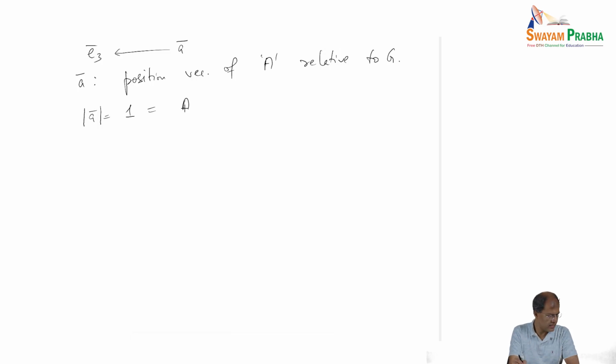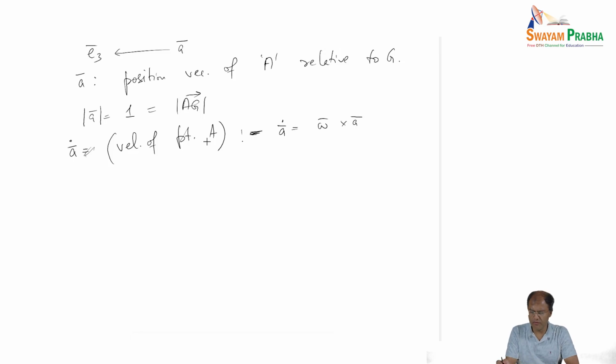Similarly, we have A dot, the velocity of point A. A dot is omega cross A, right? So this depends on the angular velocity of the body, and this is omega cross A.